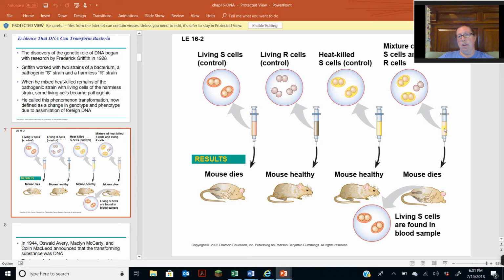Because of that foreign DNA, it changes the phenotype. In this case, the phenotype is either life or death. Mouse dies, that's a phenotype. Mouse healthy, that's a phenotype. So keep in mind that phenotype doesn't always mean brown or yellow or purple and white. It can mean life and death.